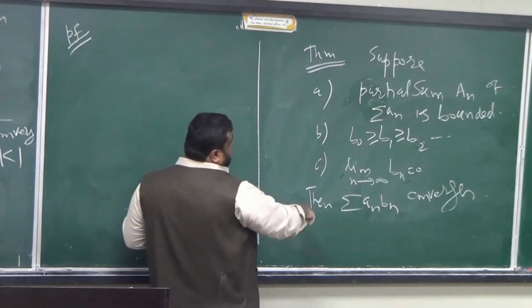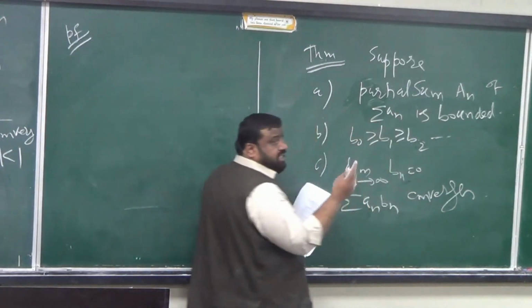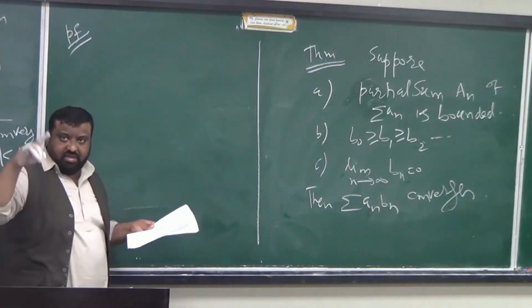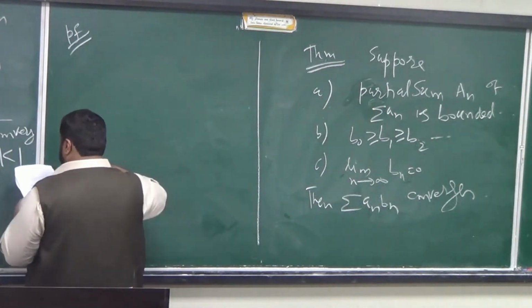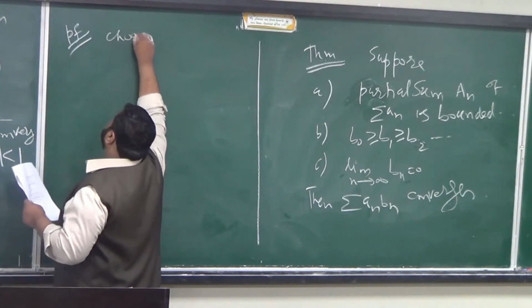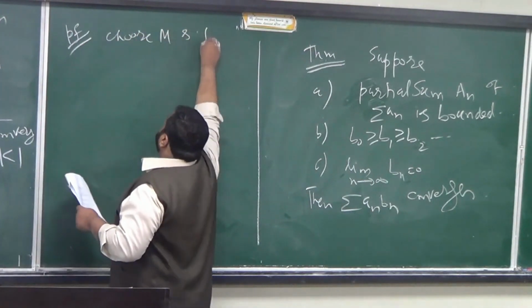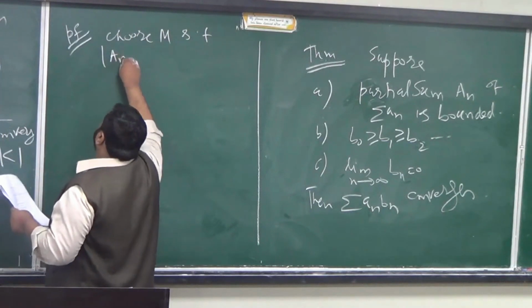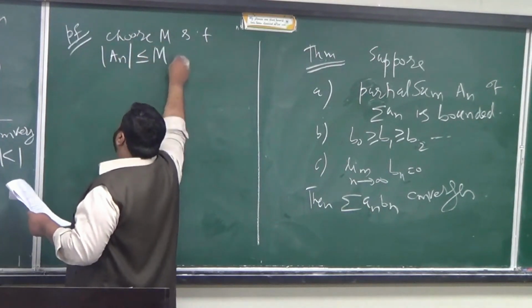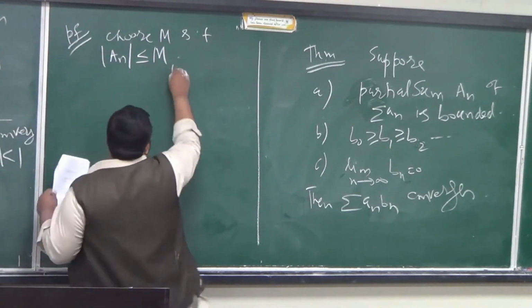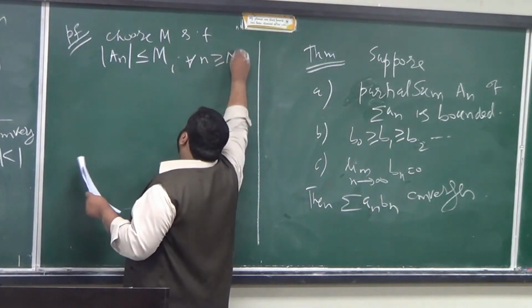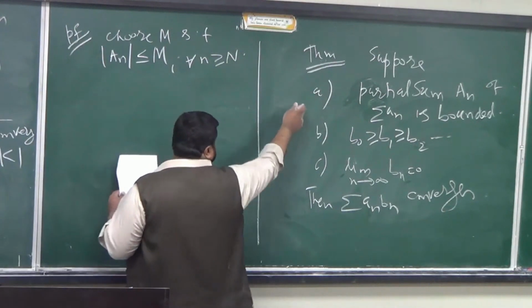Since the A_n's are bounded, there must exist a number M such that the absolute value of A_n is less than or equal to M. Why can I choose such an M? Because of the boundedness, it's because of part A.